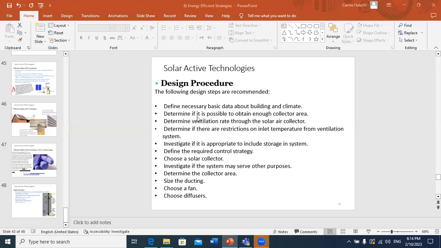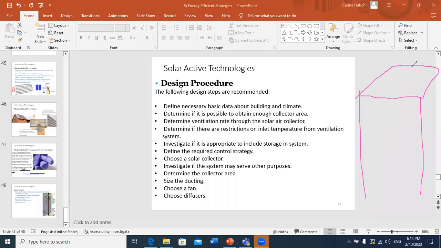Then we should look if it's possible to obtain enough collector area, because sometimes when we have buildings, we might have several floors and a limited roof area. And in general, we place the collectors on the roof.